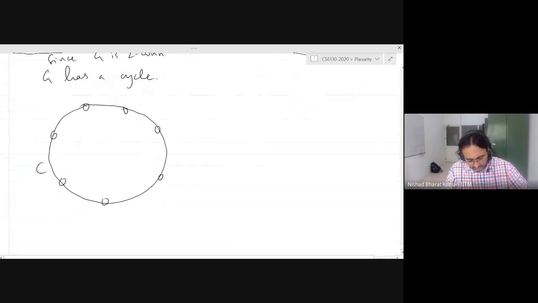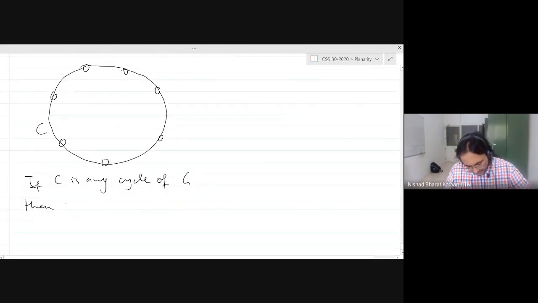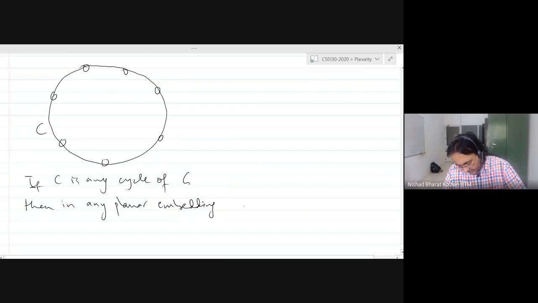If C is any cycle, then in any planar embedding of G, if such an embedding exists, because we don't know if the graph is planar, right? That is what we want to decide.